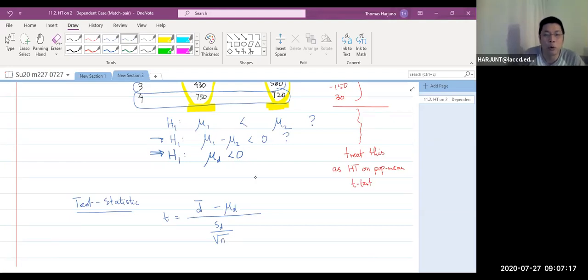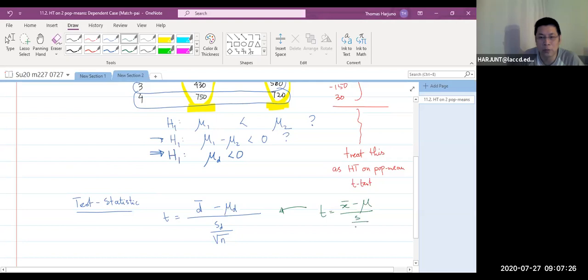I want you to compare that to what we had before: x bar minus mu over s over square root of n. That's what we have in chapter 10. I think that's 10.2 or 10.3, not sure.